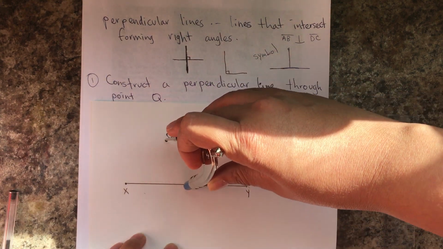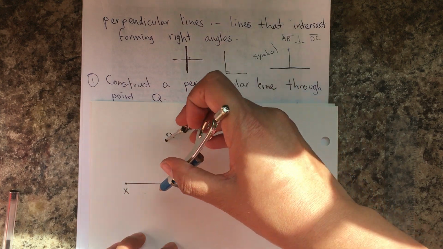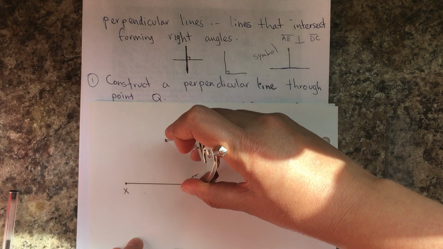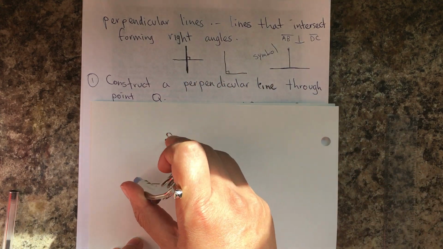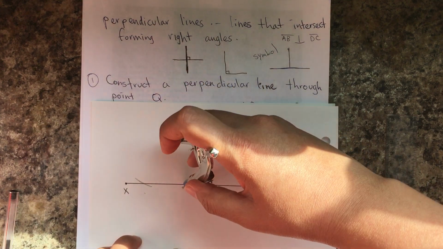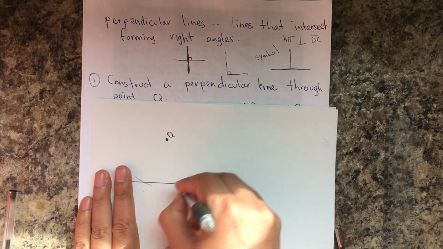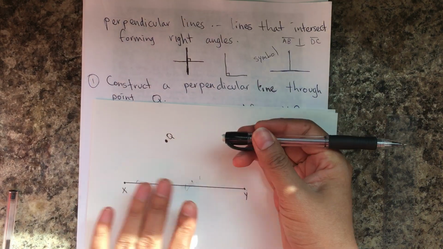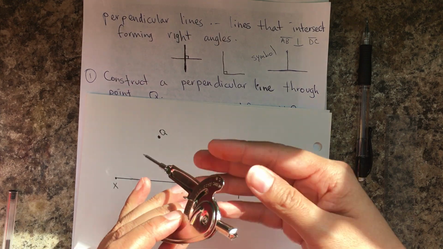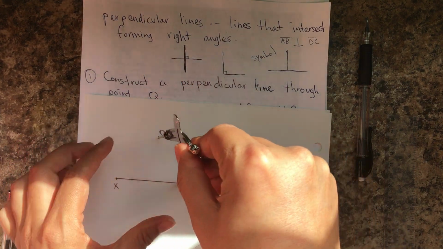So I can mark it here, making sure that I put my point in point Q, and I mark the first arc and a second arc in here. So I think I closed it. Let me erase it. We have to be very careful that it doesn't close on us, otherwise it's not going to work. Okay, again, let me grab it from here.